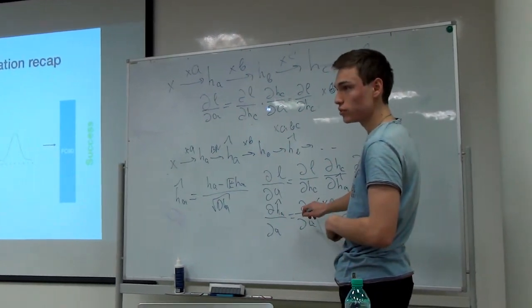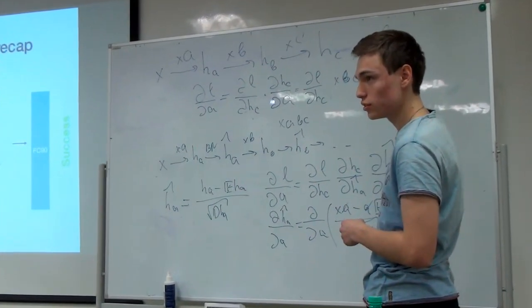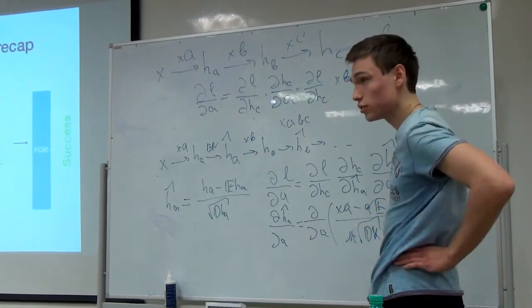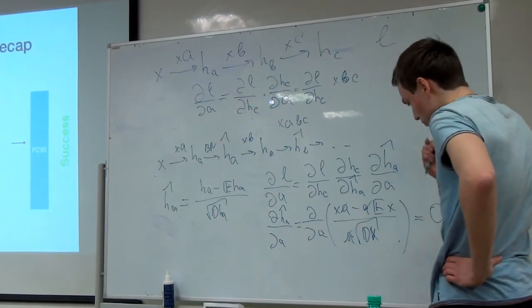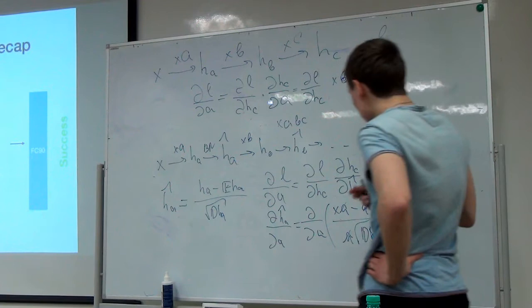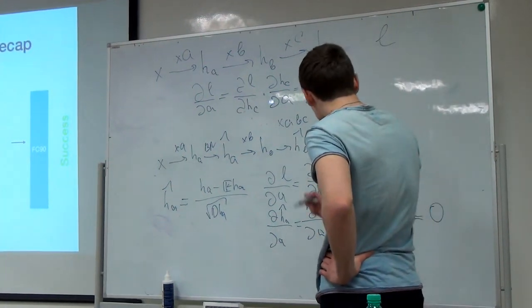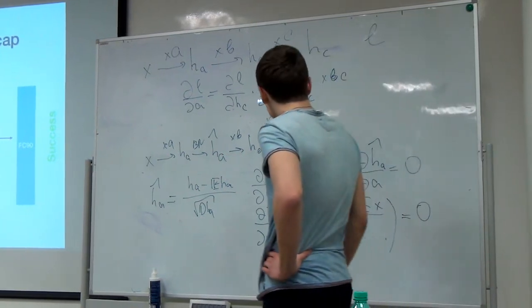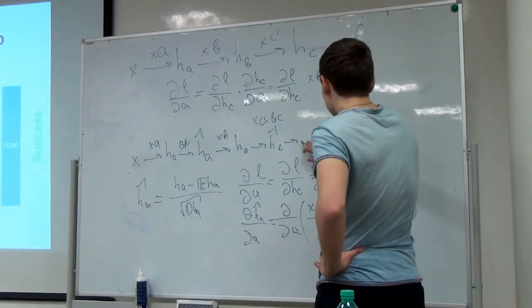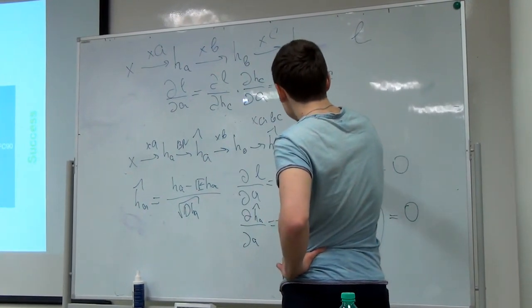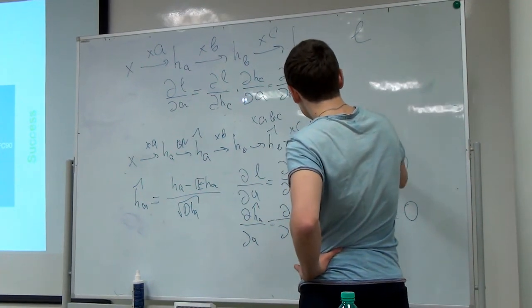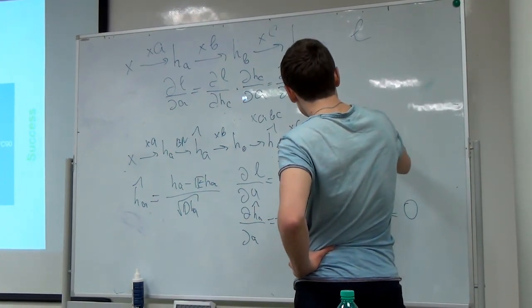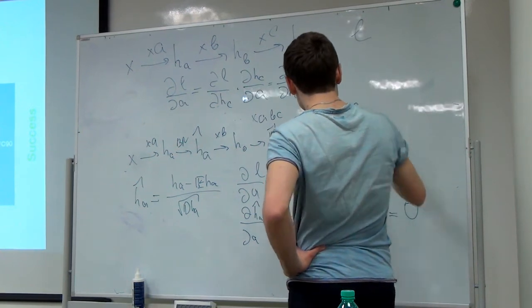We compute the gradient, and this equals 0. But this isn't what we want, right?